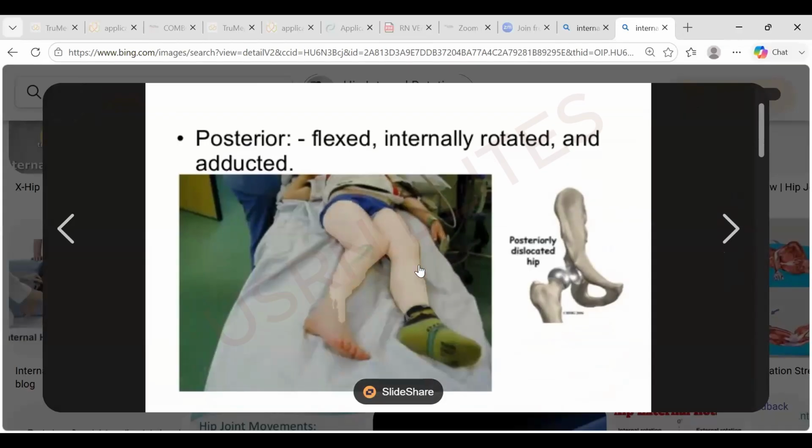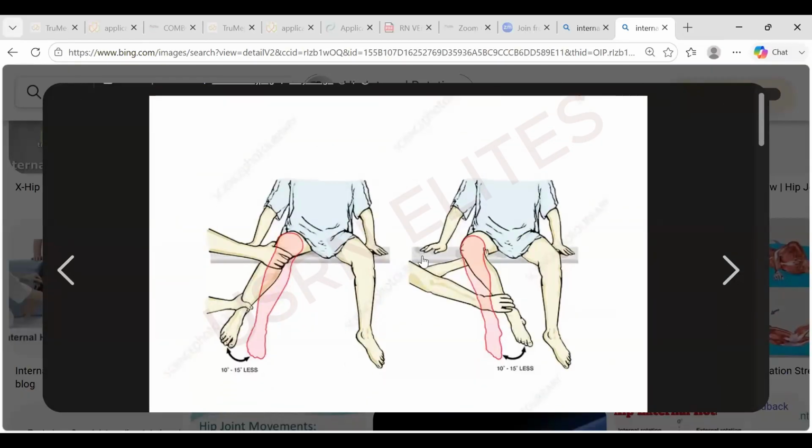Supposing that you can see there's a prosthetic device applied to the hip. Let me use the other image so that you can see it well. Let's suppose that this area is a hip. When it turns inward like this, towards the center, what is it called?